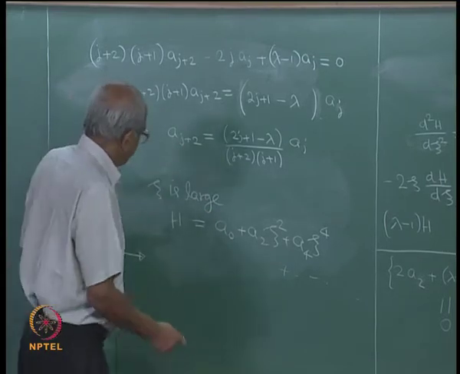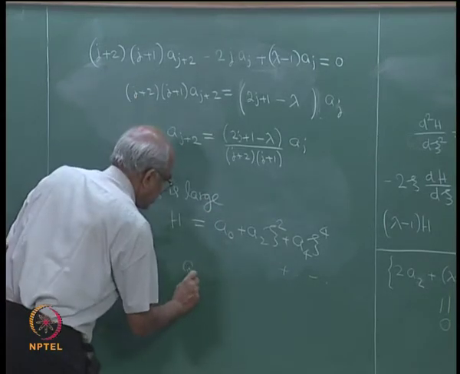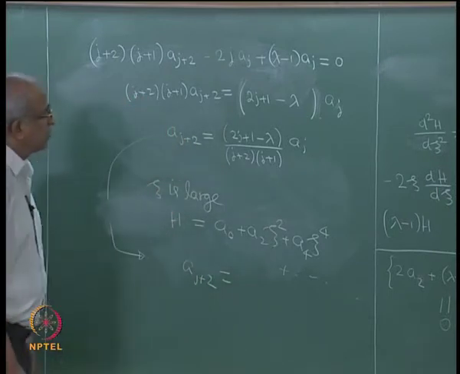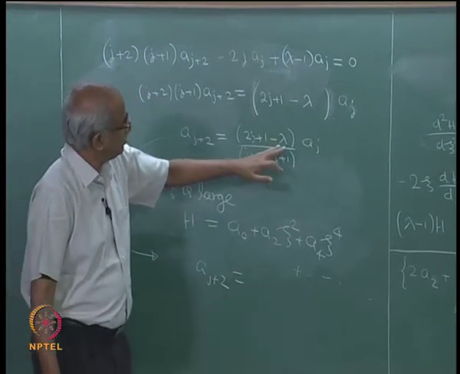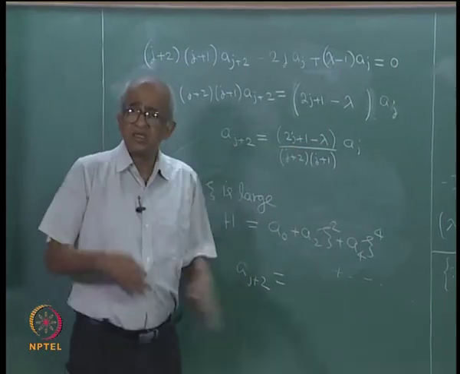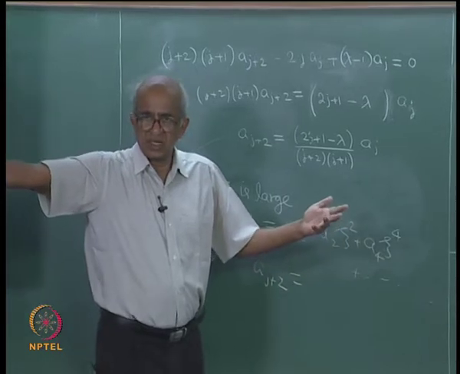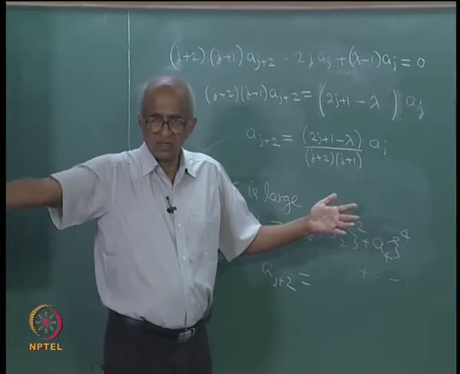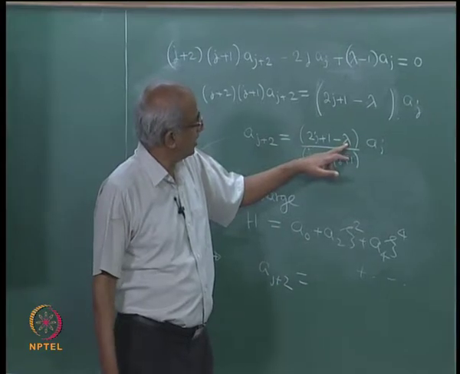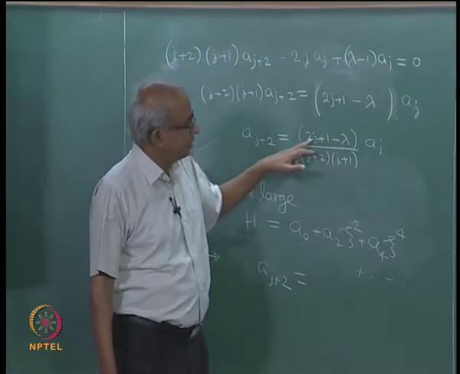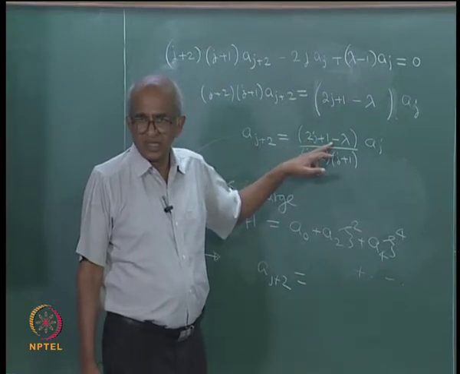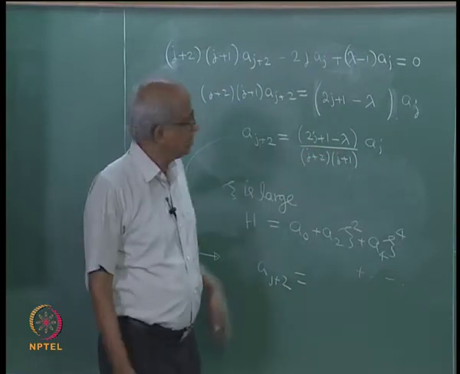So, if J is very large, what will happen to this recursion relation? If J is very large, it should be possible for me to neglect this lambda or 1. Let us say J is 1000 for example, correct. Then you can neglect the value of this lambda, you can neglect 1 in comparison with 2J, right. So, what will happen?